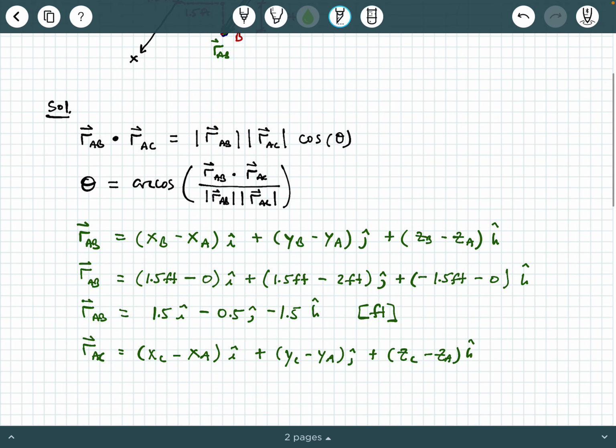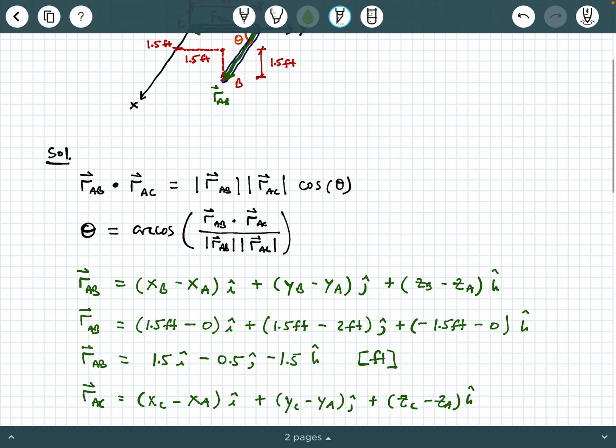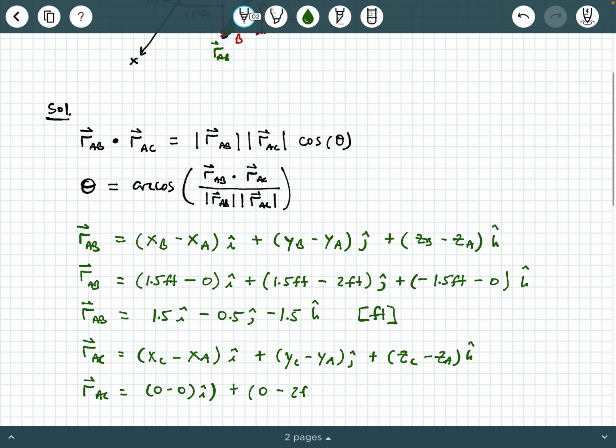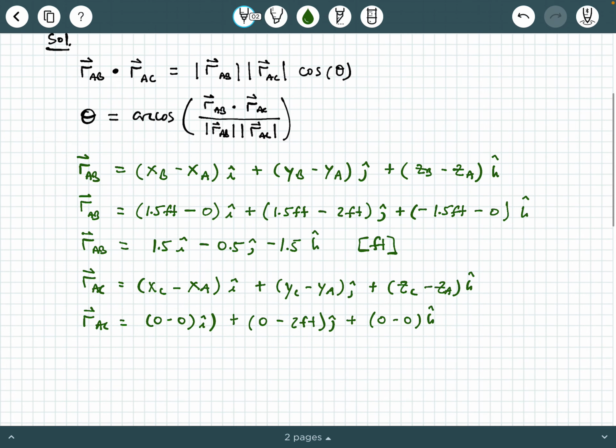So really, we just need to say 0 minus each of the coordinates of A. So this becomes quite simple. R_AC equals 0 minus 0 I plus 0 minus 2 feet J plus 0 minus 0 K, and we get R_AC should just be negative 2 J with units of feet there.